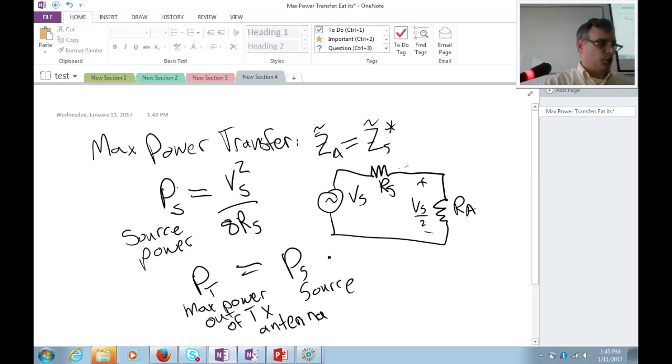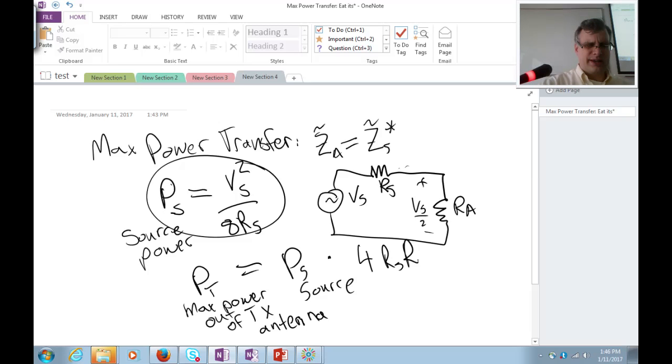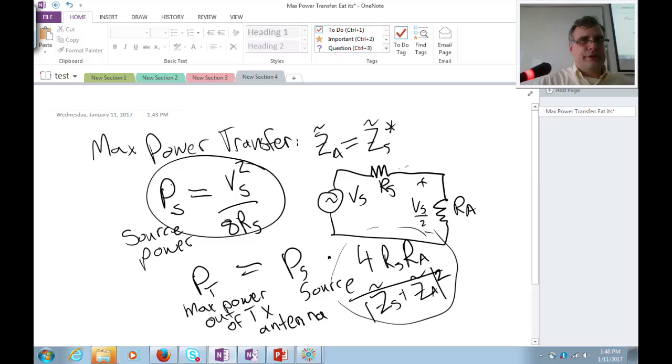If we rearrange the previous equation in terms of P_S instead of voltages, you basically solve V_S squared is equal to P_S times 8R_S. Then we can recast that previous equation as 4R_S times R_A over magnitude Z_S plus Z_A, quantity squared.